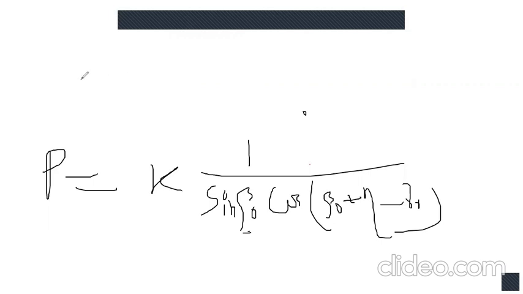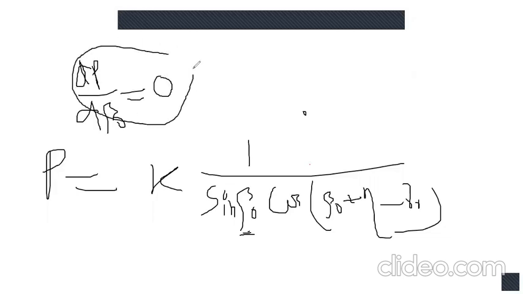So in order to calculate the minimum power consumption, we have to take the derivative with respect to beta. So d power by d beta naught equals 0. This is the condition for minimization or maximization.